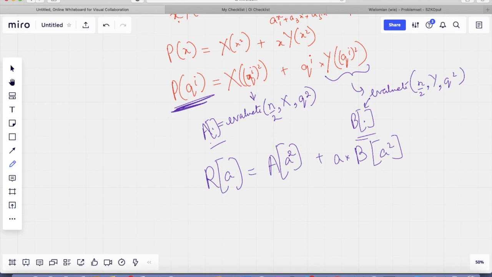Correct? Like this thing is completely parallel to this thing. Since p of x was written as this, when we are calculating for a particular i, the resultant value which is given by this R array, or whatever is returned by evaluate, that is your resultant array after calculating at all the q positions, right? So for that, this is exactly how we can calculate.